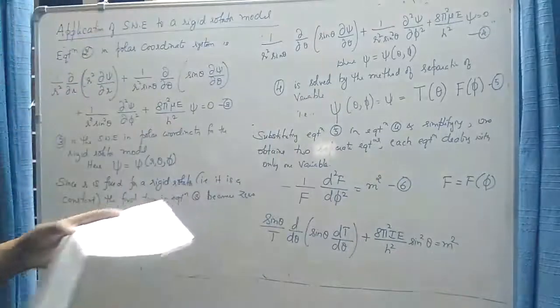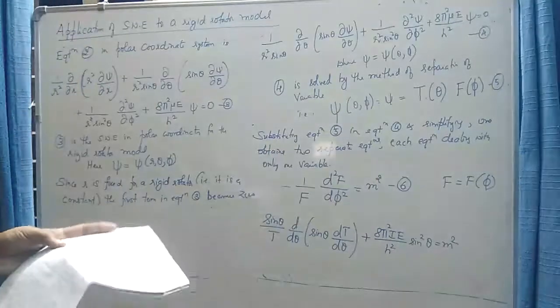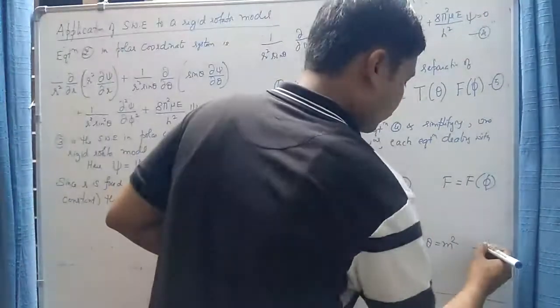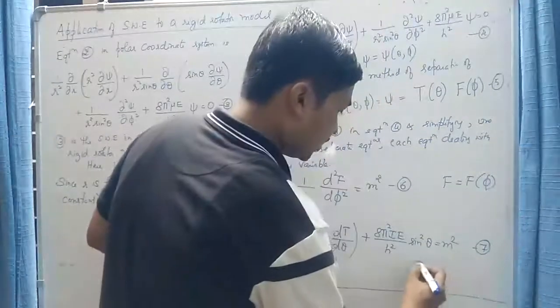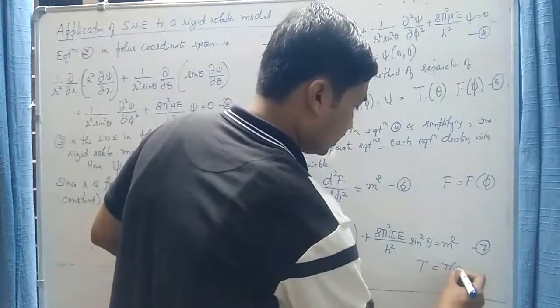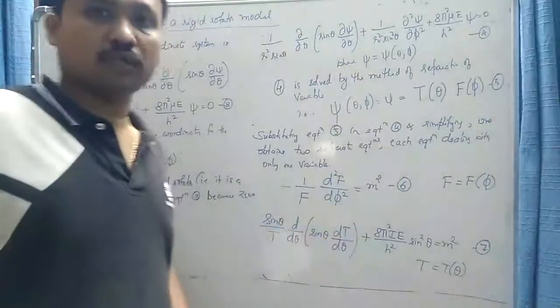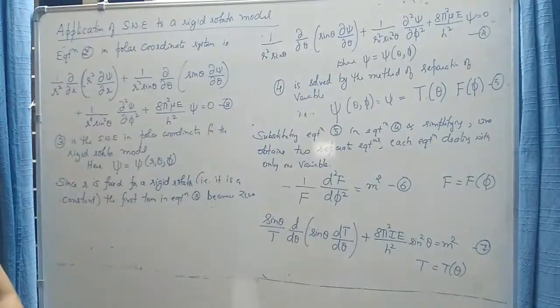Equation number 7, where T denotes the function T of theta. Here we are introduced to this quantity I, which is nothing but the moment of inertia of the rigid rotator, given by I is equal to mu into r square, where mu represents the reduced mass.